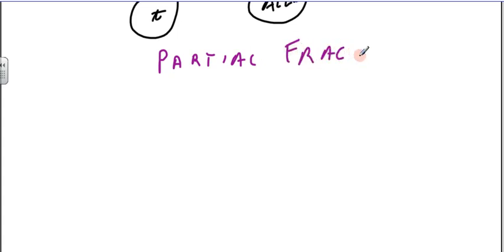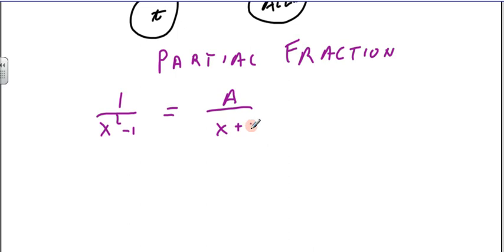You probably use them in one section of your calculus book to solve particular integral problems. And you may have covered it in your Algebra 2 class in high school. So we have something that's 1 over x squared minus 1. And we say, well, that can be broken into partial fractions, a over x plus 1, b over x minus 1. And then we have to solve for a and b.